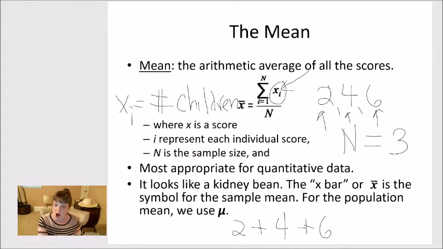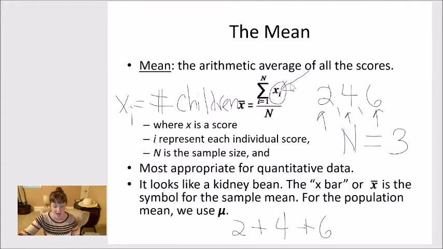Because that's what this top part of this fraction is telling me to do. Remember that uppercase Greek letter sigma, which looks like a funny E, all that means is add them up.